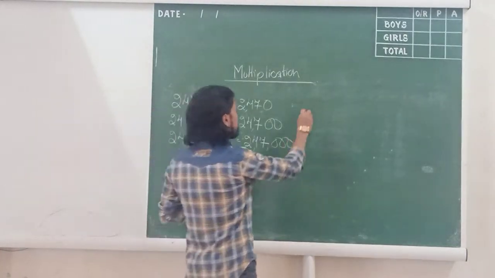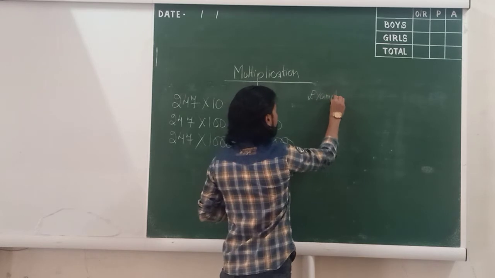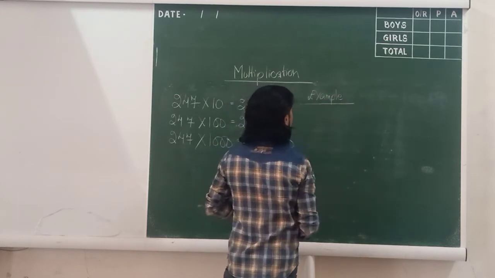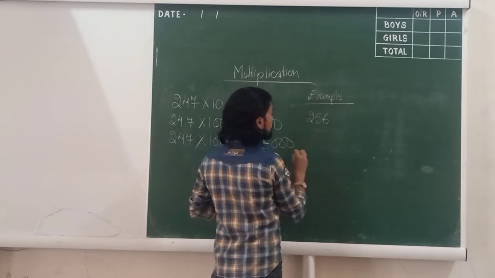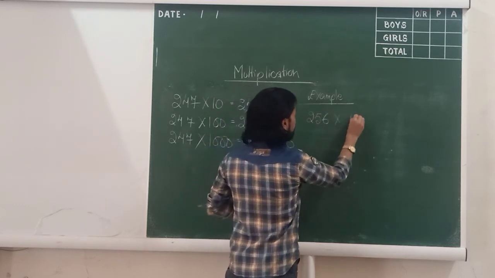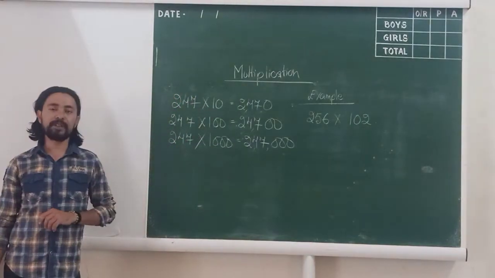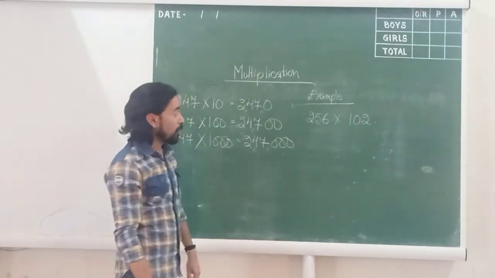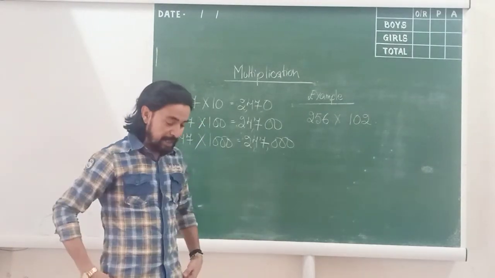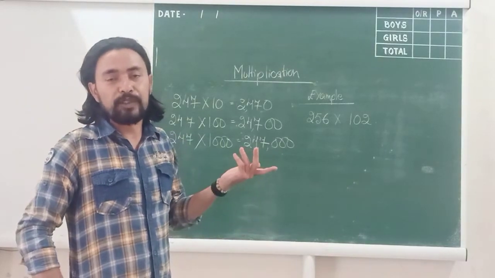Let me give you an example. Suppose I have 256 multiplied by 102. I look at the number and tell myself, had this been multiplied by 100, it would be so fantastic.